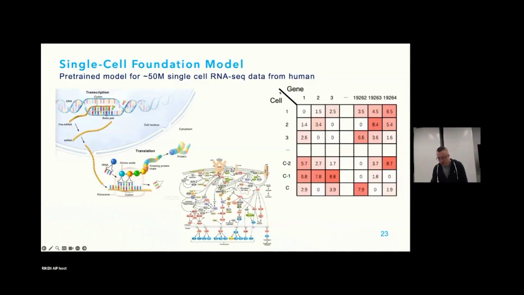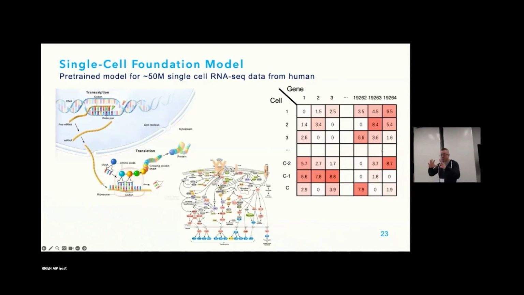But if you look at the data out there, you can think about how you collect this data: each row corresponds to one cell, and each column corresponds to one gene, and you measure the expression value of the cell and record these numbers here. Okay.